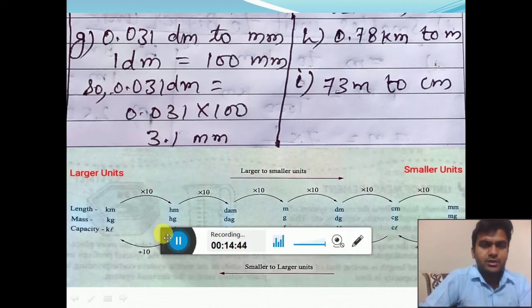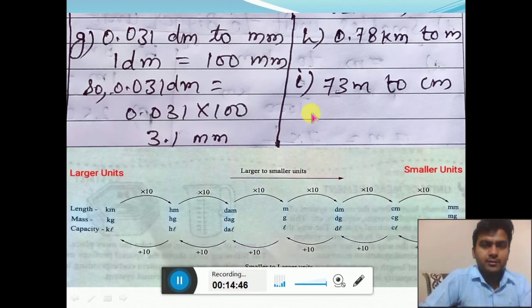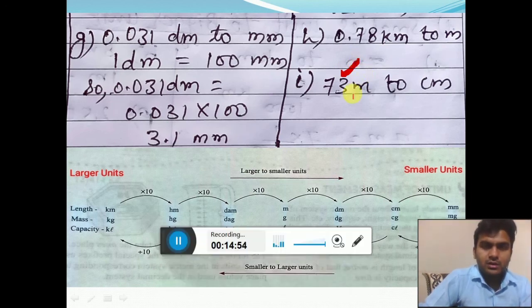In the next question, sorry, 73 meter to centimeter. Now see the units meter and centimeter.